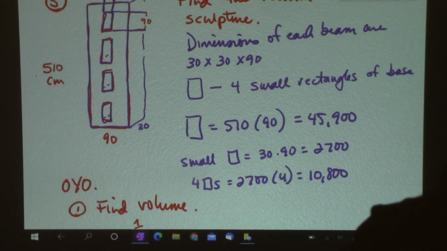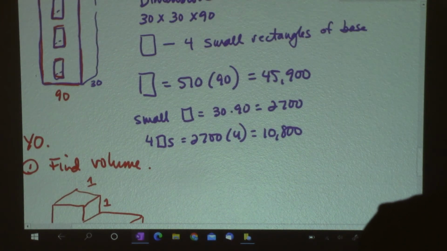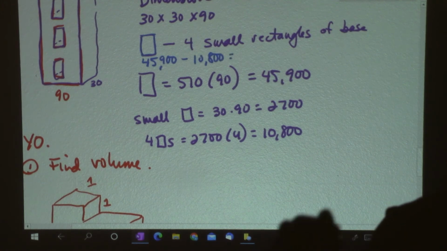Okay, so now I'm going to do this. I'm going to write this in here in a different color so you can see it more easily. Here's my plan. The big rectangle minus the 4 rectangles of the base. So I've got 45,900 minus 10,800.